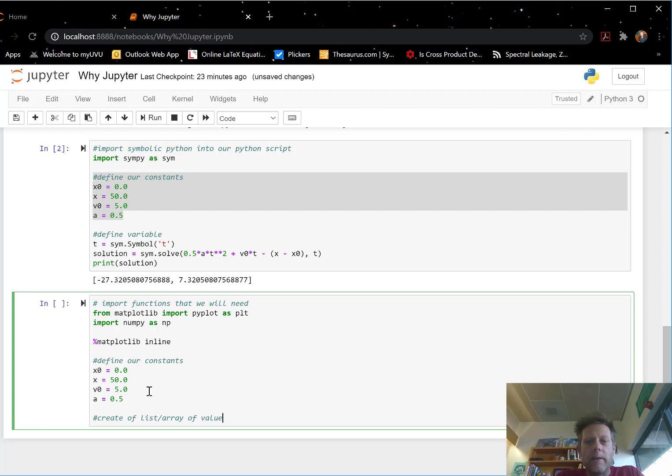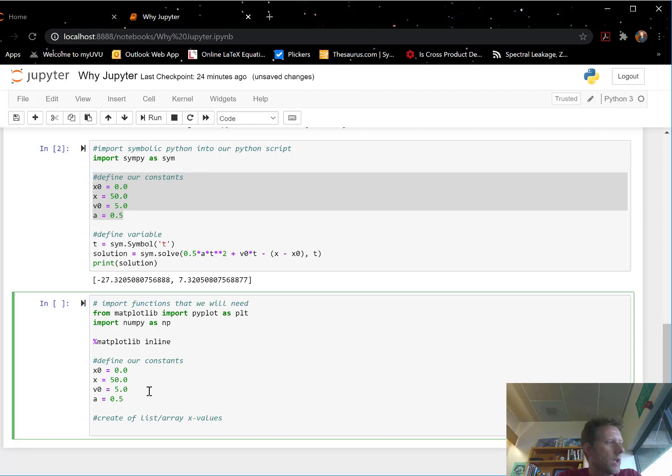But that means we have to populate those data points. Of t, I'm going to call them x values here. So we are going to have x equals np.arange. This is a function that will create a list of numbers.